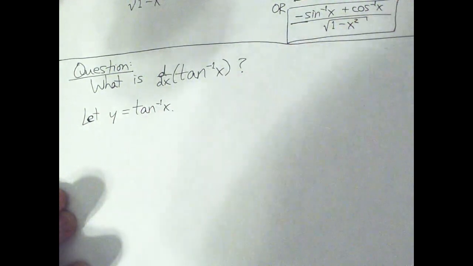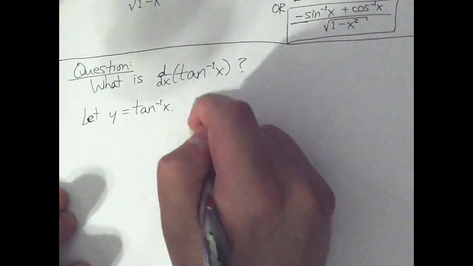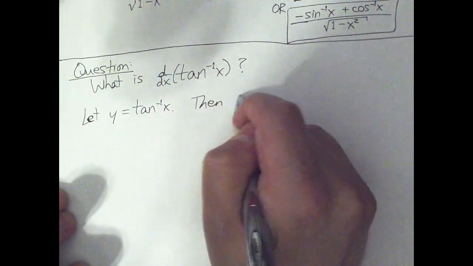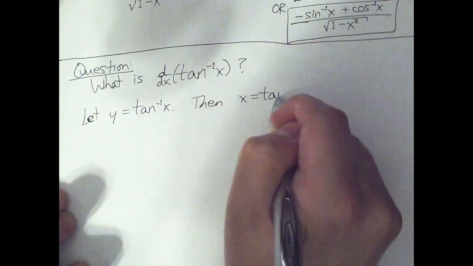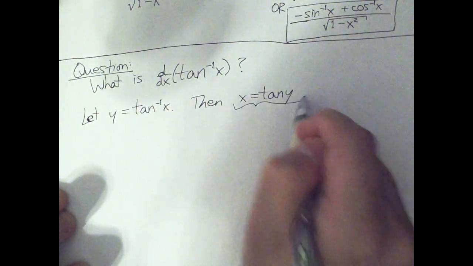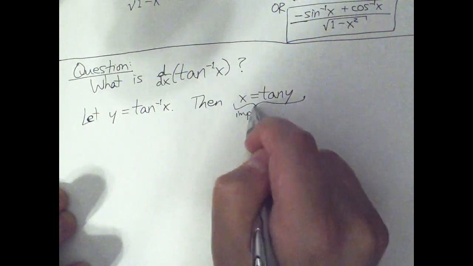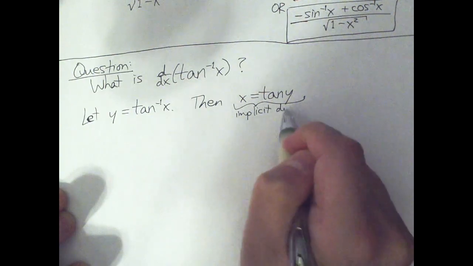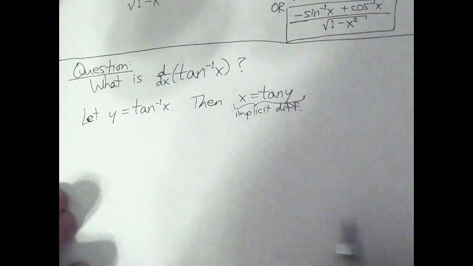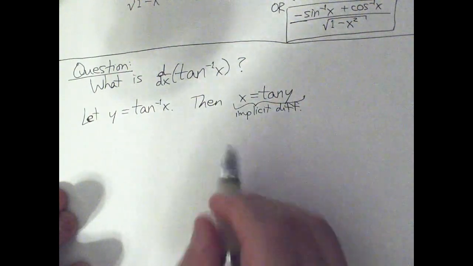Let y equal inverse tangent of x. Then x equals tangent of y, and we want to use implicit differentiation. D dx of the left and d dx of the right.